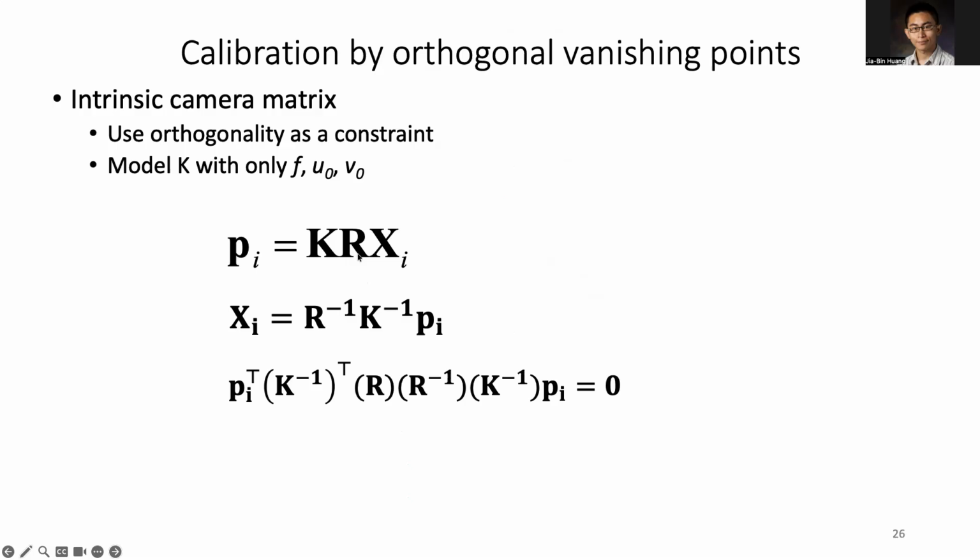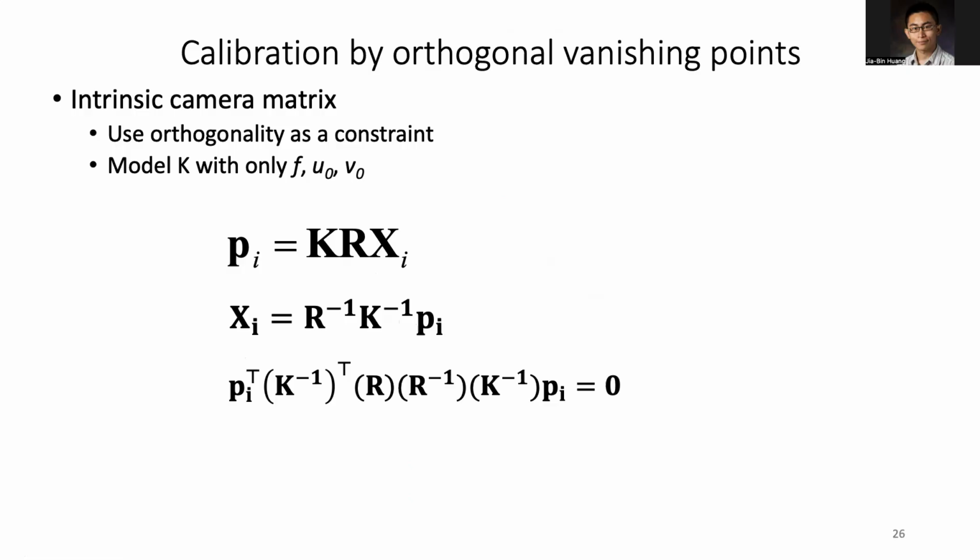All right, so you don't have the translation. You don't need to worry about the translation. So any point that's projected from the vanishing point to the camera, pi is just KRT xi, right? Which means that you can express this xi as R inverse K inverse pi. So, and this is where the orthogonality comes in.